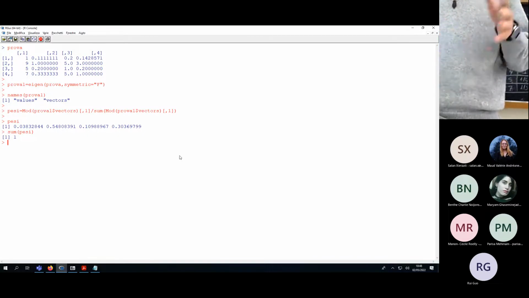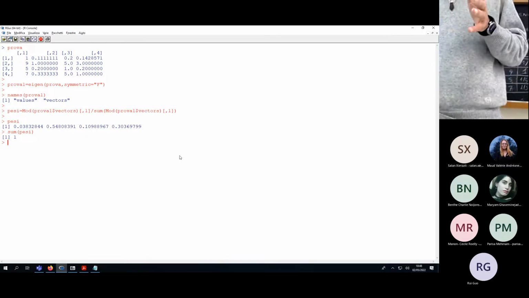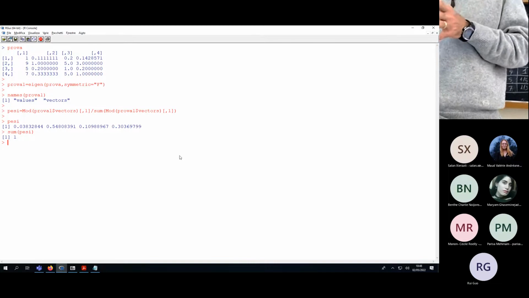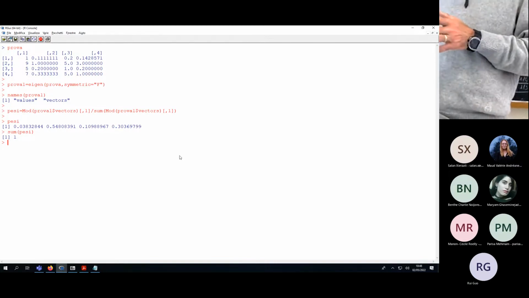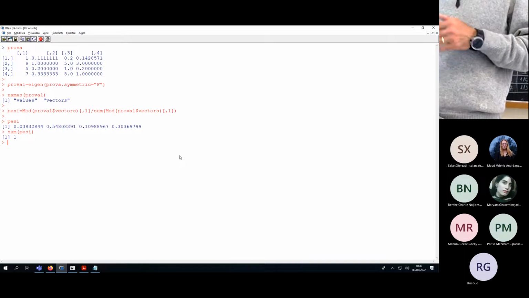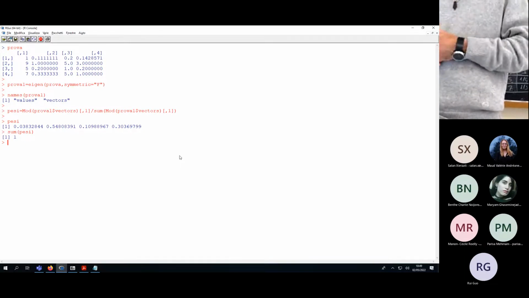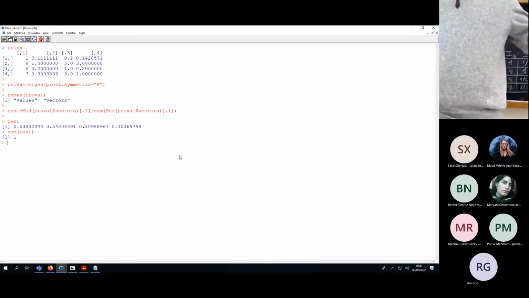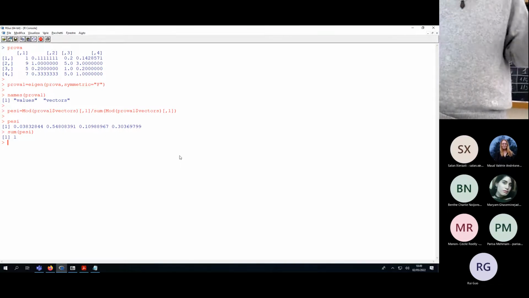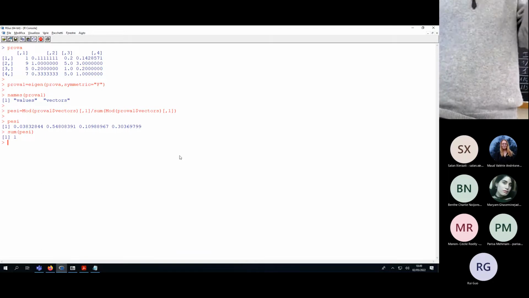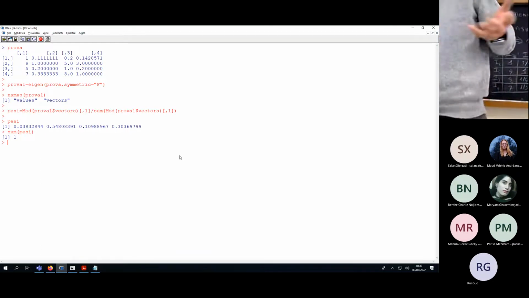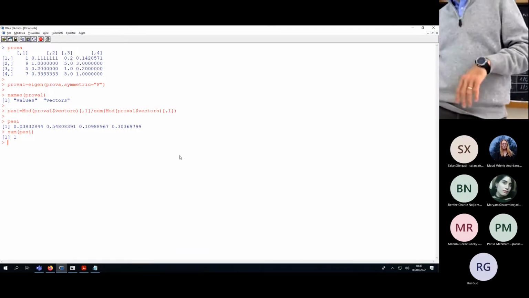And then the module of the vector gives the weights, but they don't sum up to 1. And therefore, I need to divide by the sum of the module of the vector in order to rescale. If you take a vector and you divide each element by the sum of the vector, you rescale it so that the sum gives 1. It's clear. You divide by the sum, and the sum goes to 1.